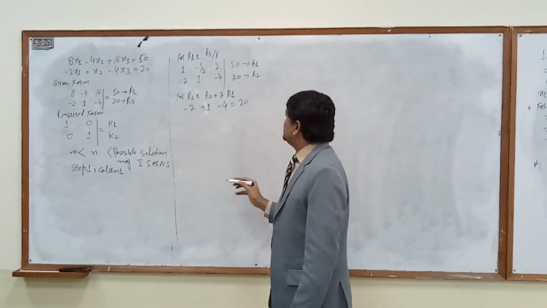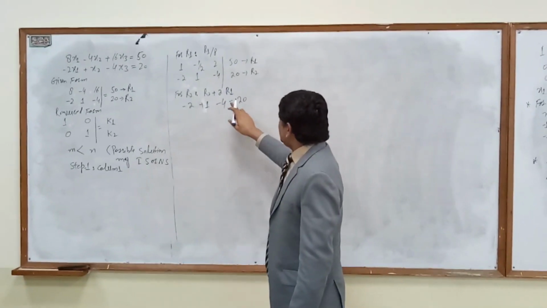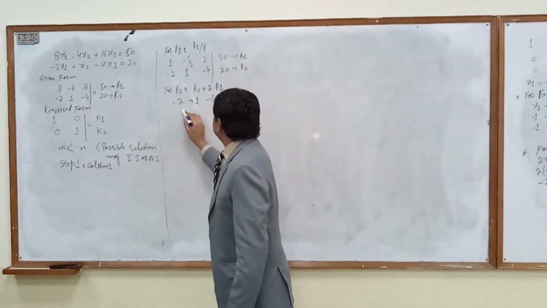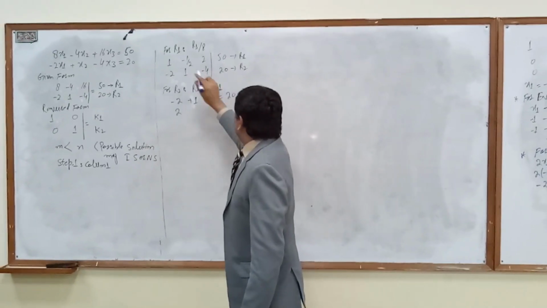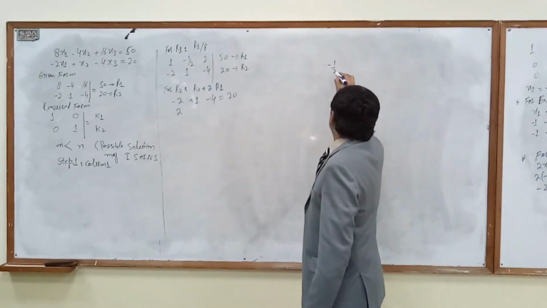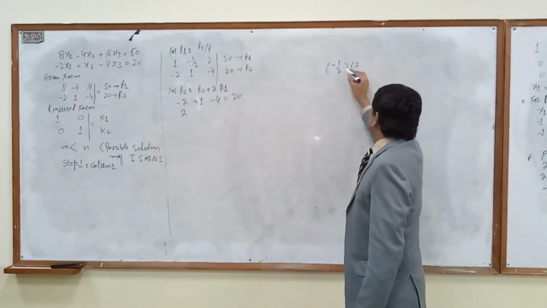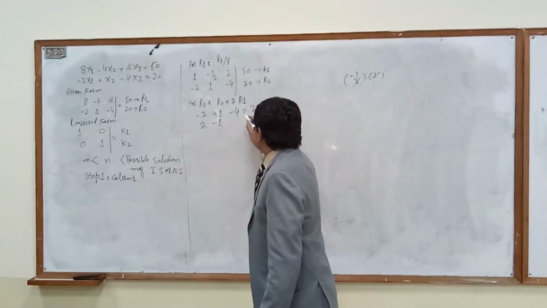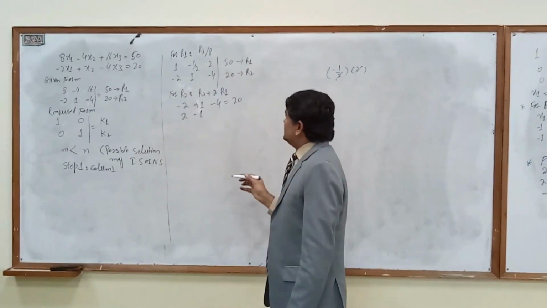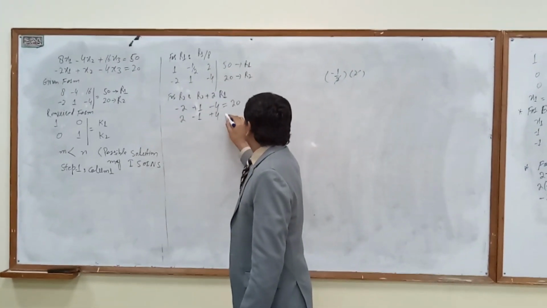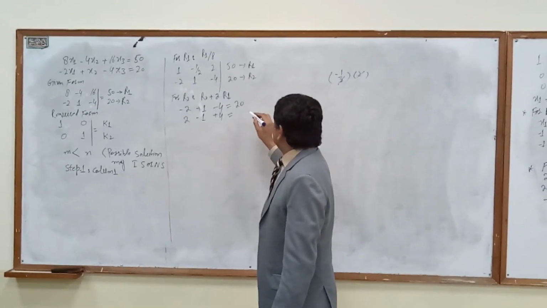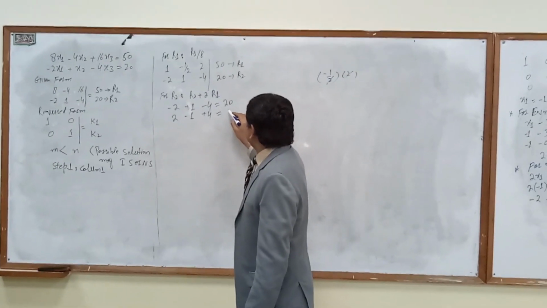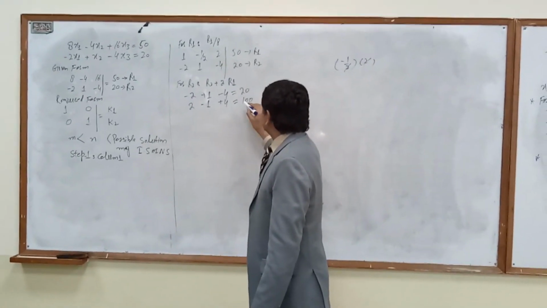So 2 times row 1: 2 multiplied by 1 is 2, 2 multiplied by minus 1 by 2 is minus 1, then 2 multiplied by 2 is 4, plus 4 is equal to, here 50 multiplied by 2, 100.